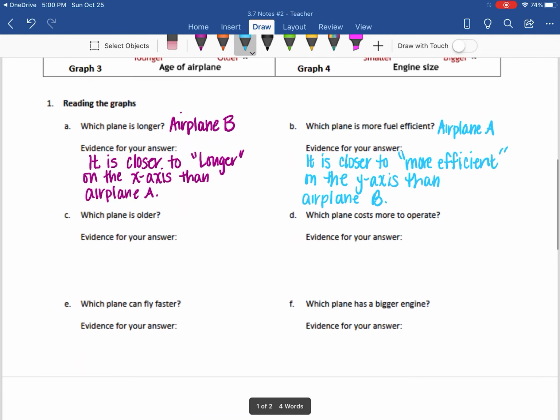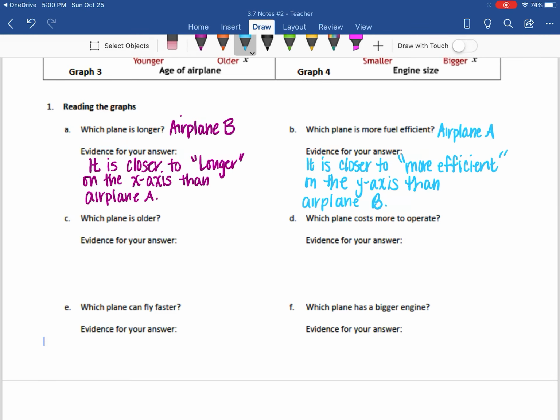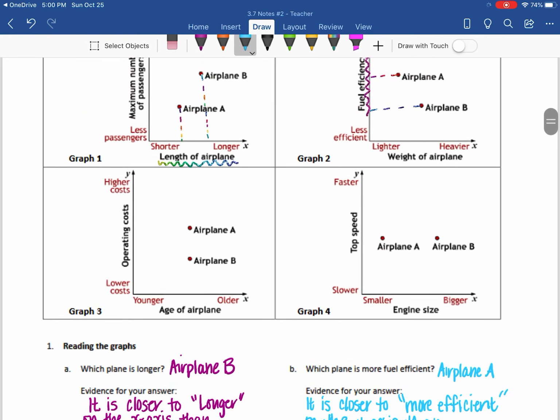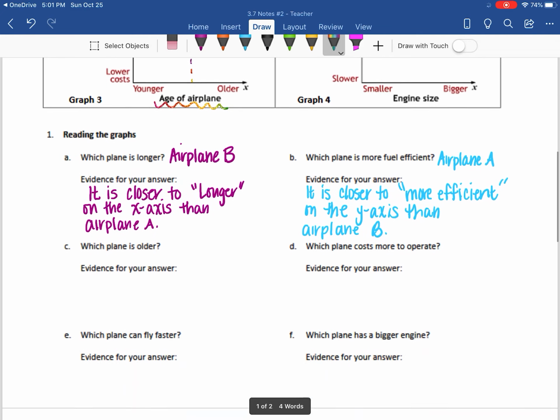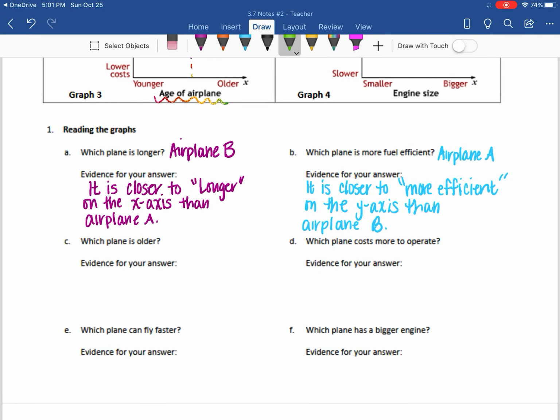Okay. All right, let's take a look at C. Which plane is older? So graph 3 tells us about the age of the airplane. And then I'm going to drop my line to the y-axis, and what do you notice? They both fall in the same place. So really, neither.